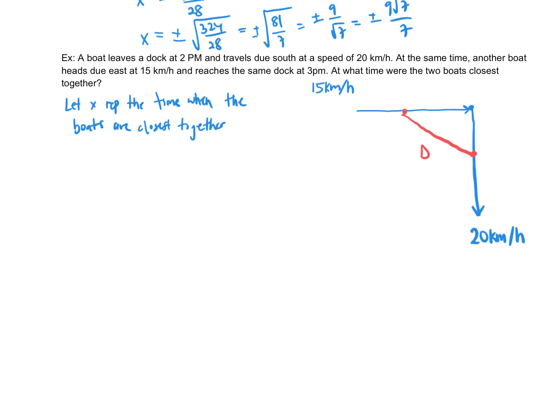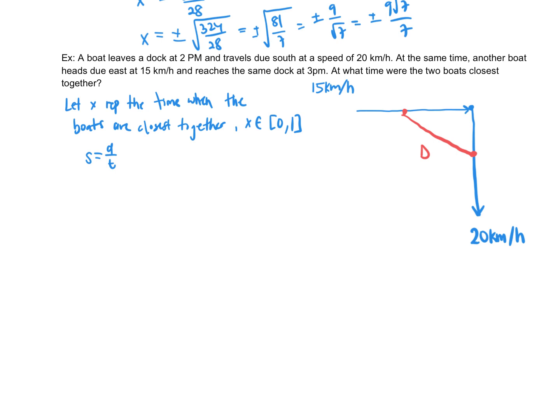And because this is all happening within an hour, I know X is going to be between 0 and 1.